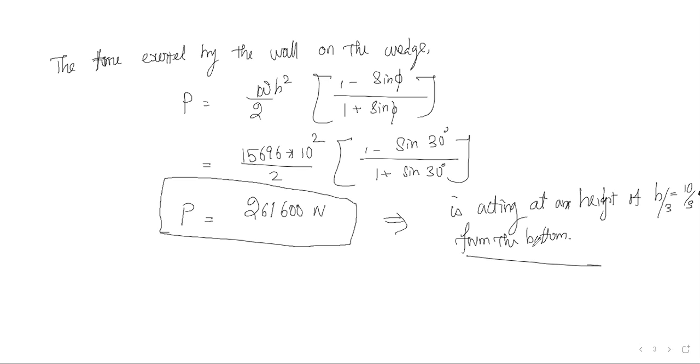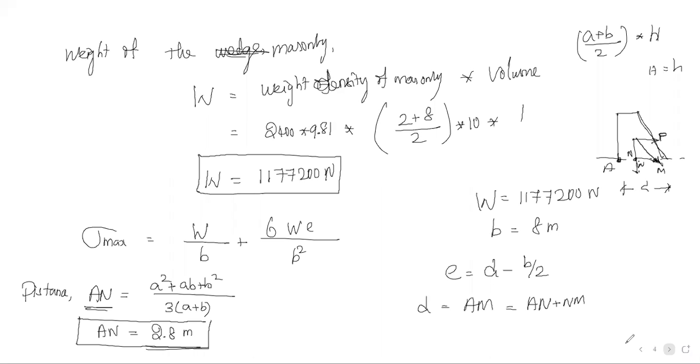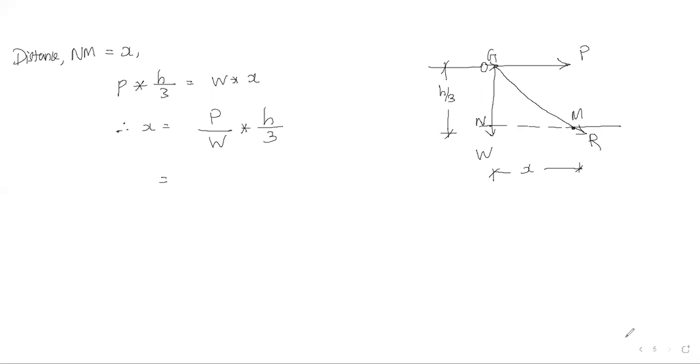W value is 1,177,200, multiplied by h by 3. So h is 10 meter divided by 3. So the answer becomes 0.741 meters. This is the x distance or NM value.